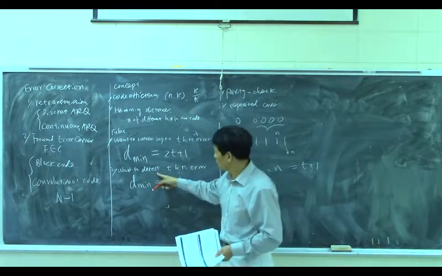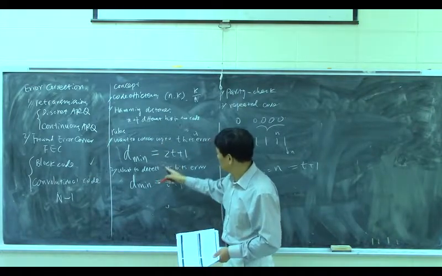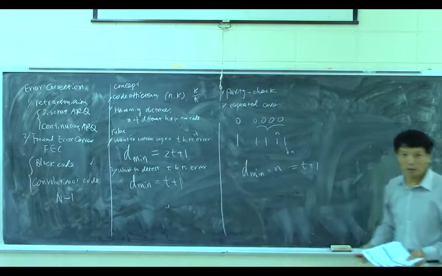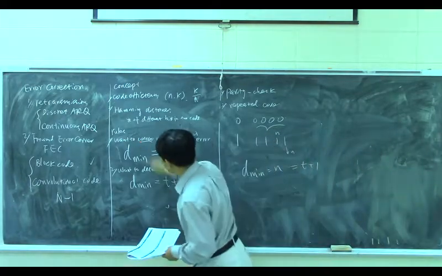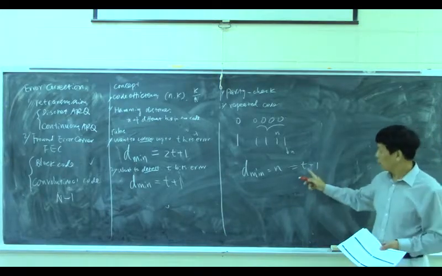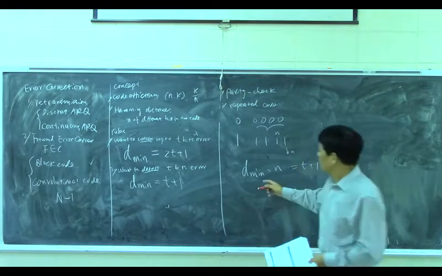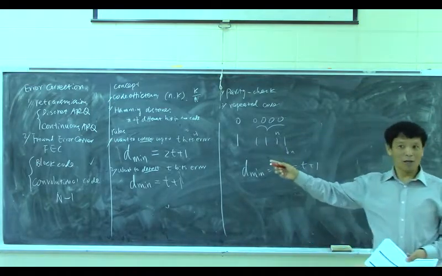This one is detect up to t bits of error. So the only difference is this one is correct, this one is detect, all others are the same. So we can detect n minus 1 bits of error, right? Next one. This one looks like we can correct error.